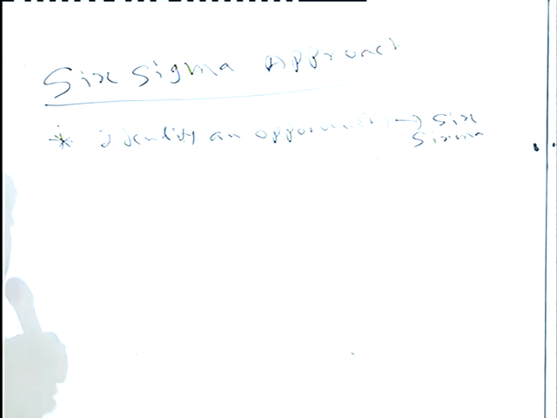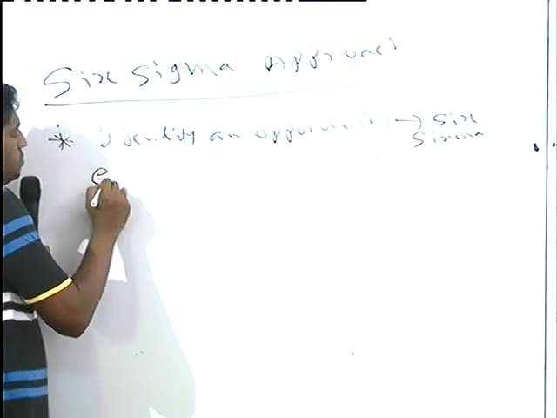Then you have to define the existing problem you face. Based on that, you have to set the targets also. For example, suppose within our manufacturing process, we always experience some product defects.